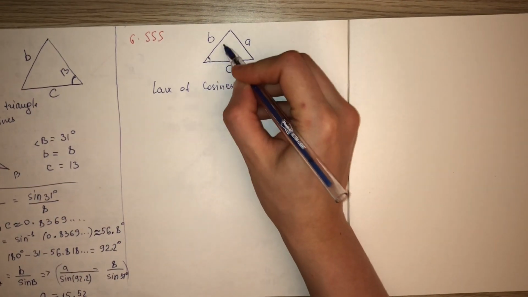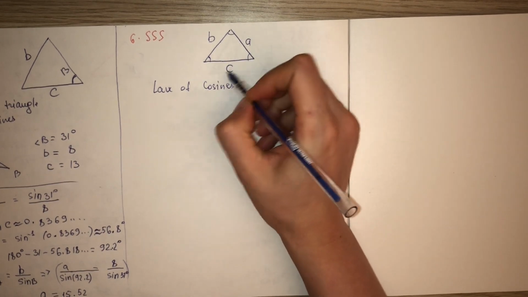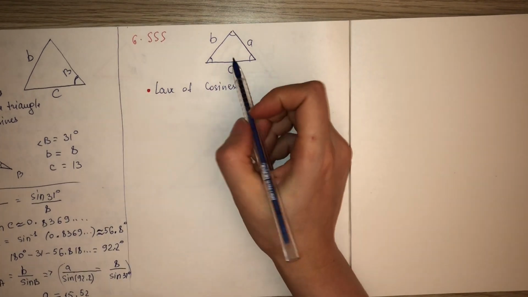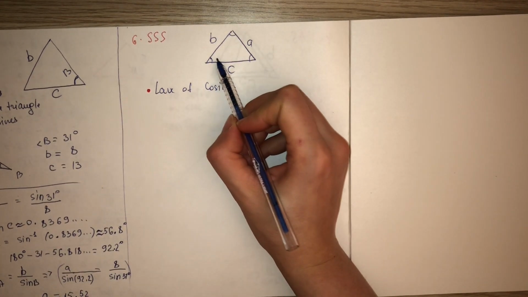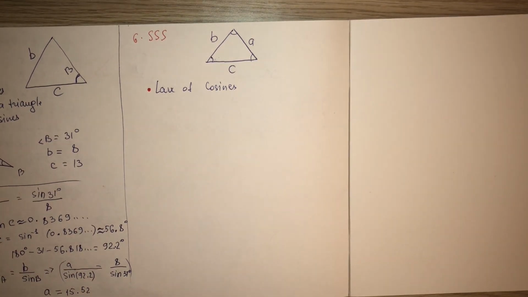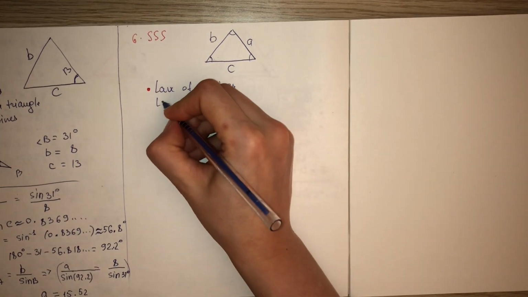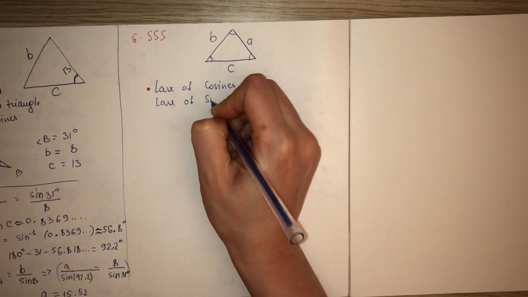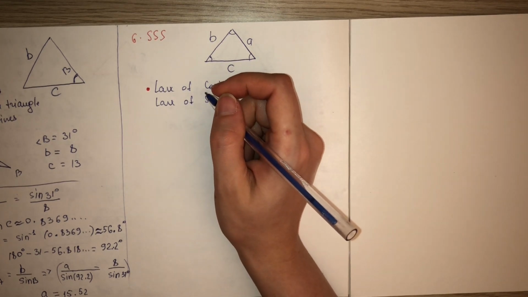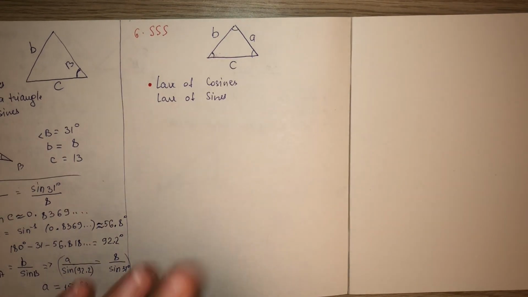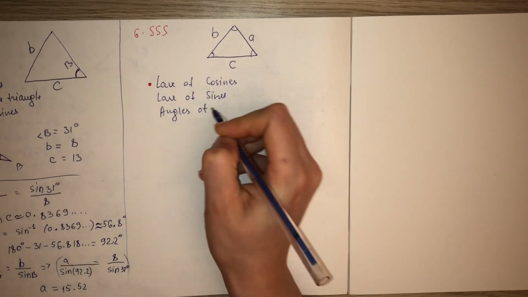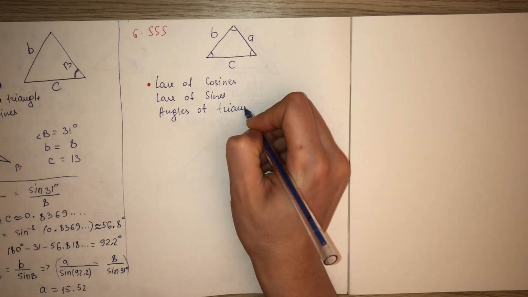These angles are not given. Then we can use the law of sines to find the second angle, and finally the angles of a triangle.